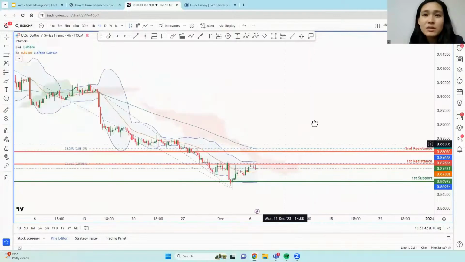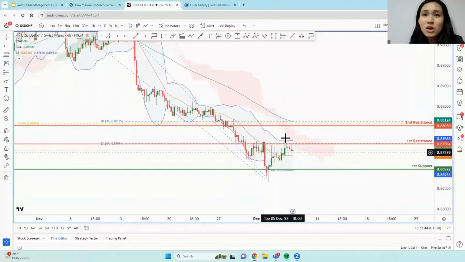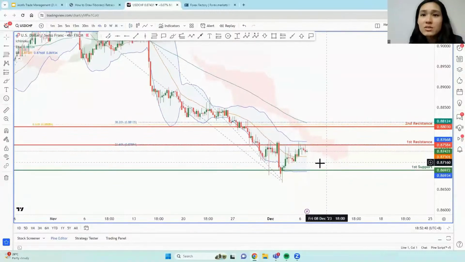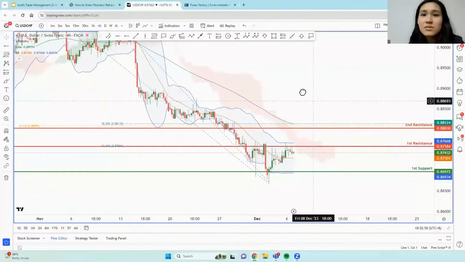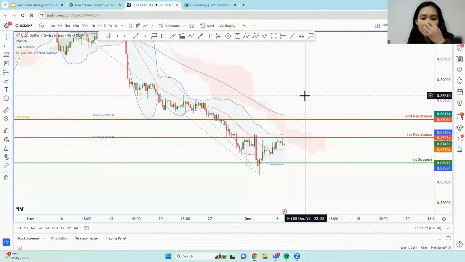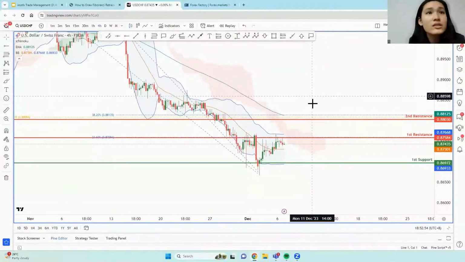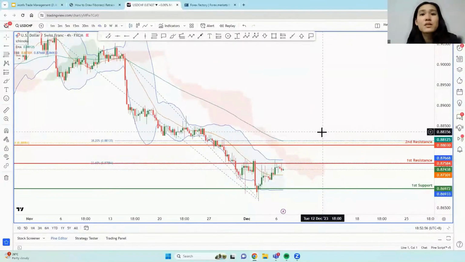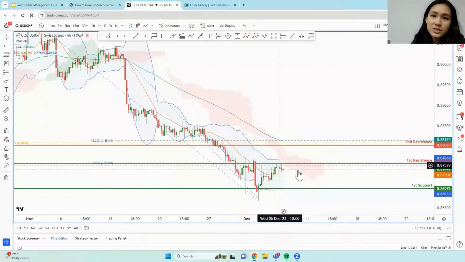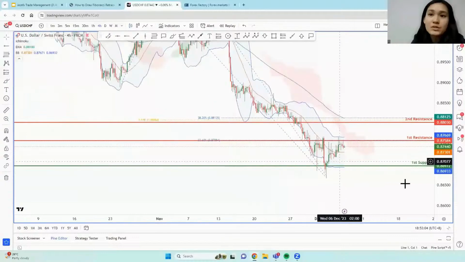Okay, it's bouncing off of the top band, or the upper band, of the Bollinger Band. So it does support our analysis. Okay, I think that's it for this chart. So we're going in for a sell from our first resistance towards our first support.